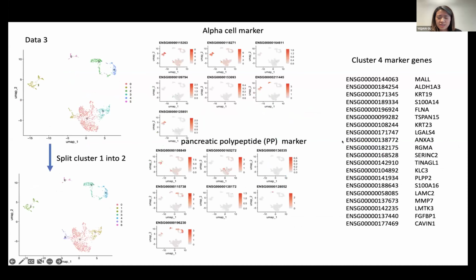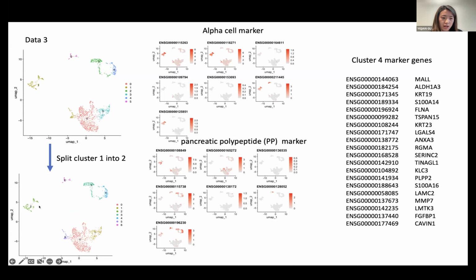Things become a little tricky for data 3. First I find 6 clusters, and then you can see that cluster 1 is split into 2 parts. So I use a function from Seurat called FindSubCluster, only for cluster 1.